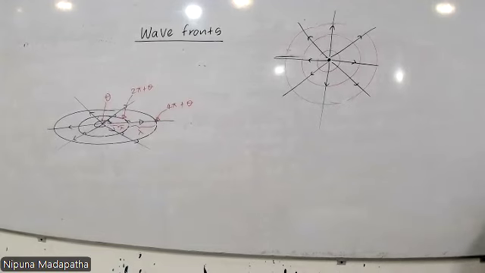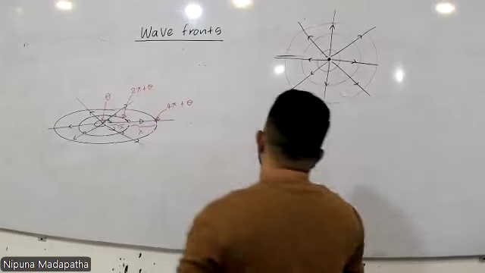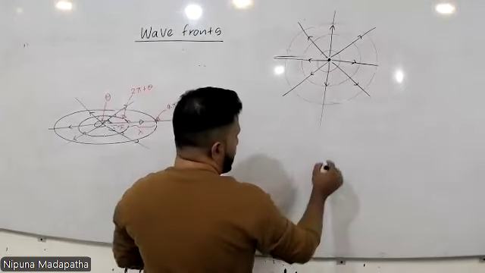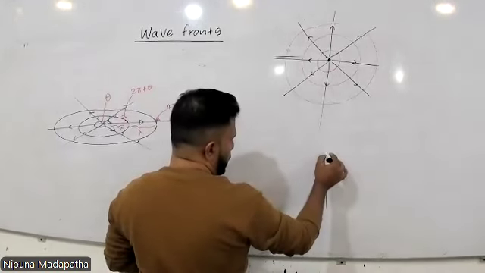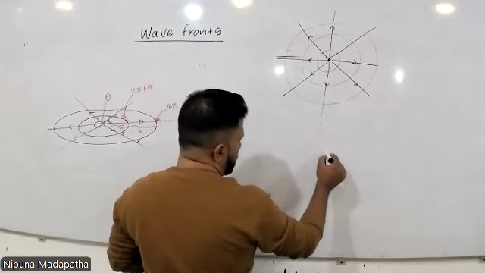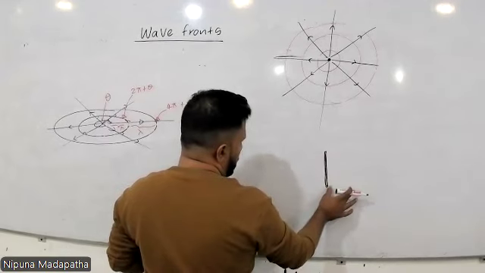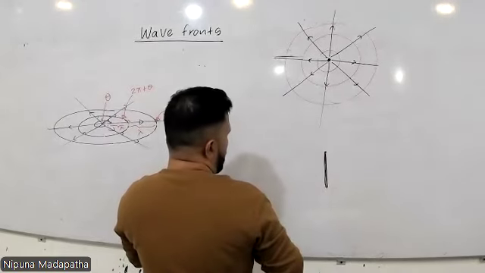Wavefronts are concentric cylinders around the source. Right?